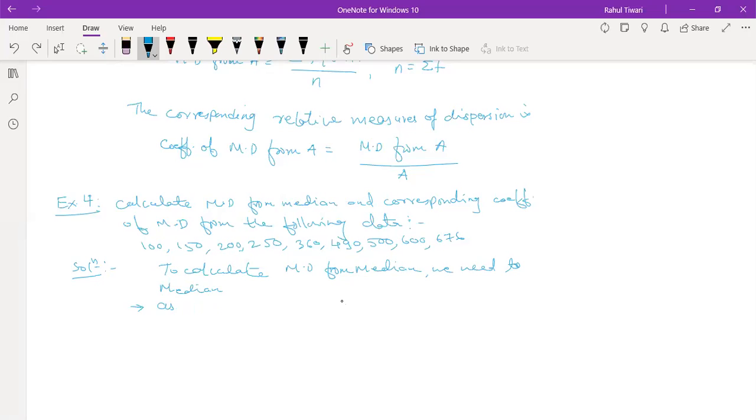What will you get? It is 100. But if you look at this data, it is already in order. These steps will be common for all problems. So make sure that here I have already given the data in order, but you should always go with the proper systematic way.